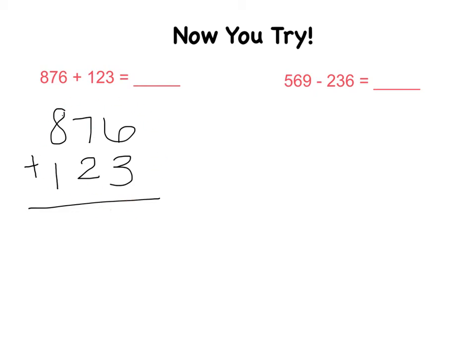First, we are going to add together the ones place. You can even write hundreds, tens, and ones above the numbers if you need the reminder. So, I know that 6 plus 3 is equal to 9.